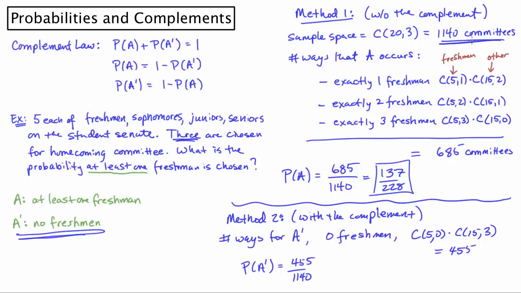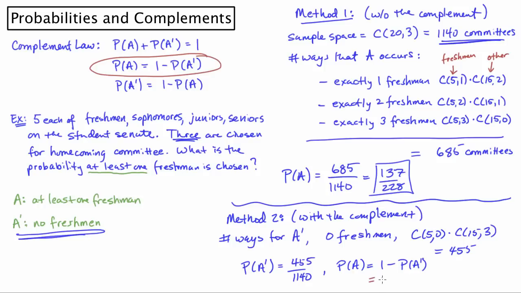However, that's not the answer, right? The answer is for A, and I've chosen instead to calculate a complement. So if I want to get the actual answer, I need to calculate the probability of A using the fact that it's 1 minus the complement. So I'm using this form of the complement law.